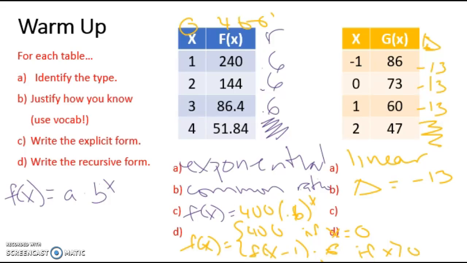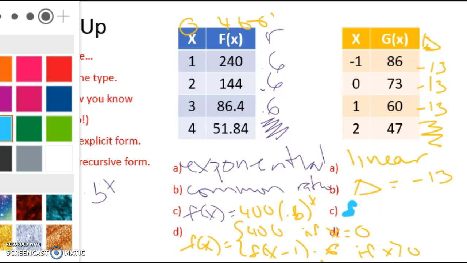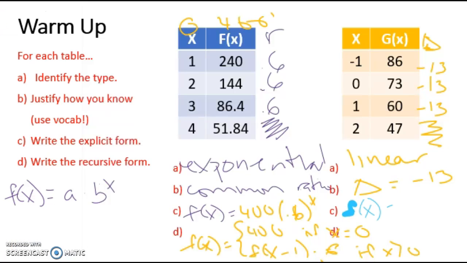Now we need to write the explicit form for our linear function. And to do that, I'm going to change my pen here. f of x is equal to our y-intercept. Yes, it is here. We don't need to find it.